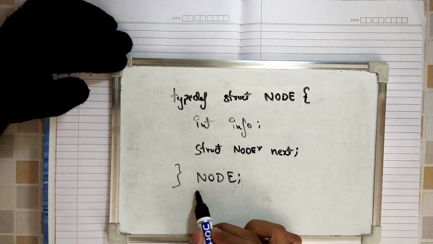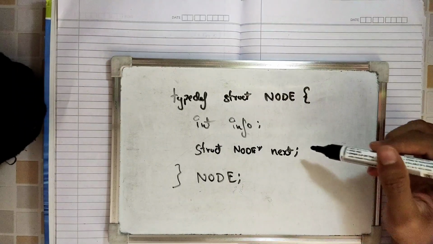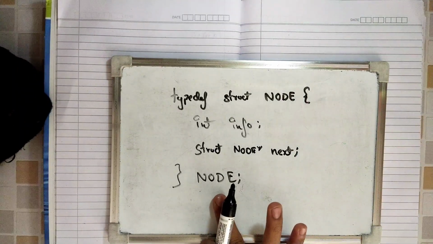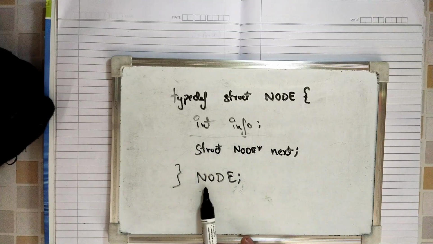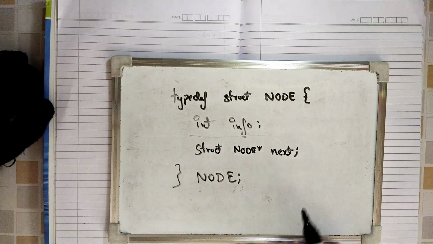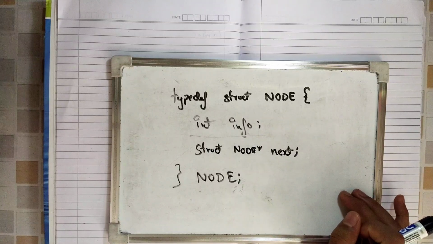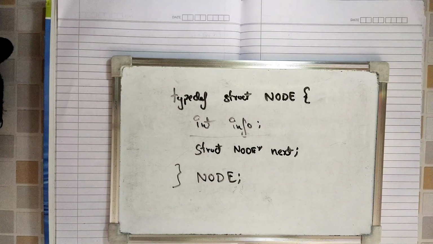So this is my type ID. Whenever I want to access this structure, I can simply write node, I mean this data member. Whenever I want to access the data member, I can simply write node star, and then the name of that particular function or variable to use.